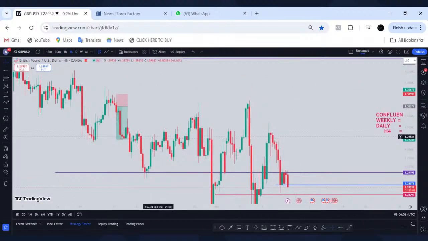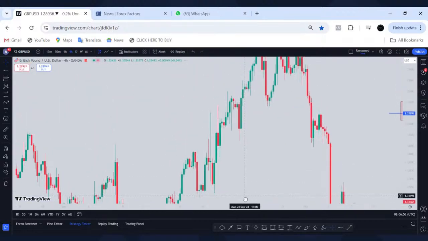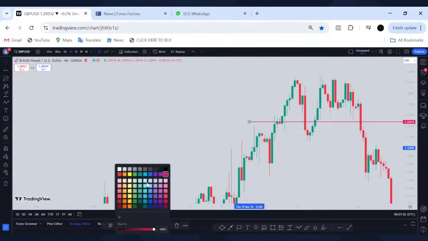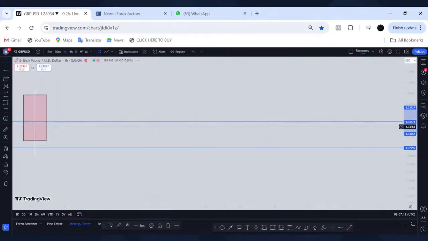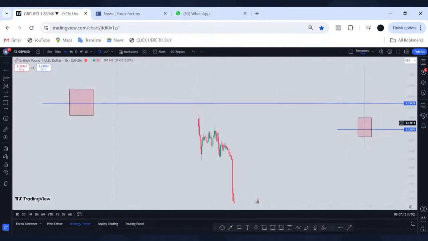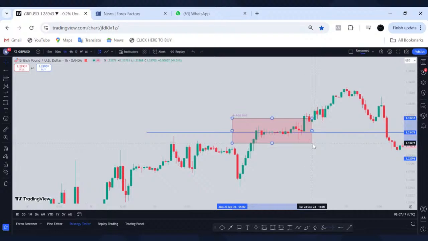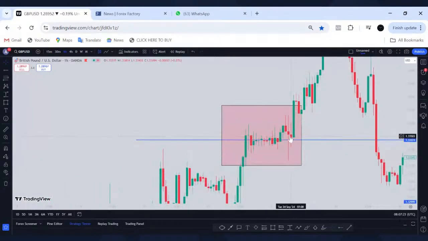I remember I entered one breakout entry at this side. Yeah, so this one was kind of aggressive.